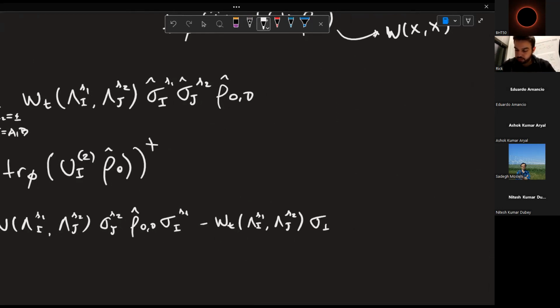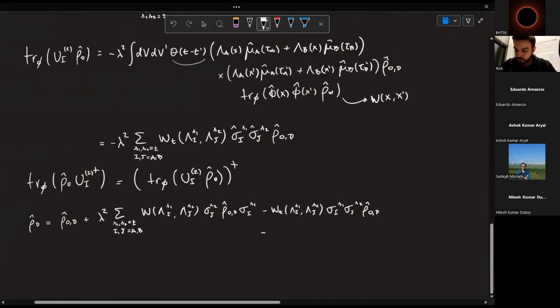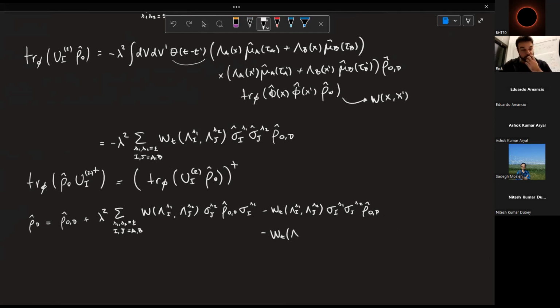And here we're going to have sigma_I S1, sigma_J S2 hitting the rho 0D. And then we're going to have the last term, which is going to be a W_t of... I'm not going to flip anything here. I'm just going to write this as being the conjugate, and I'll flip the other one and conjugate everyone. So this will be the star. And the other one here, we're going to get rho 0D and a sigma.